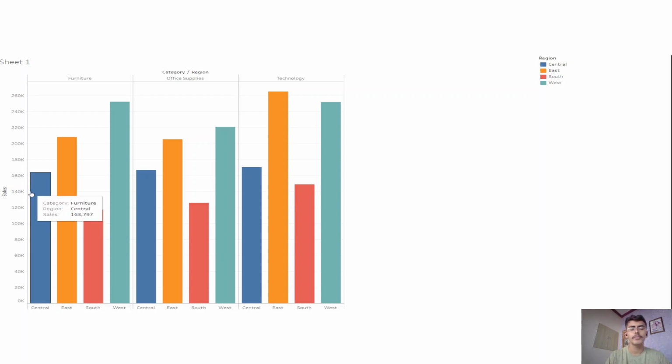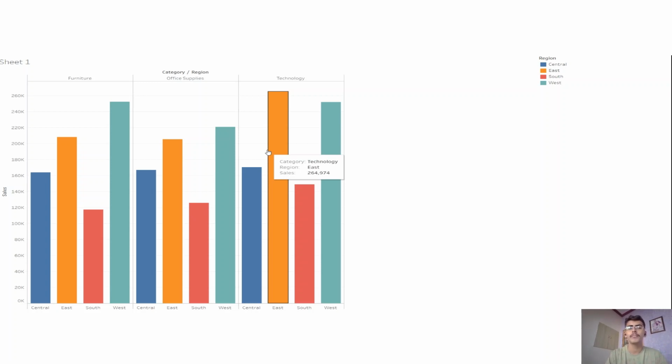From this we can see that in the west side furniture is sold the most. Also in the west side, office supplies are sold the most, whereas in the east side, technology is mostly sold.